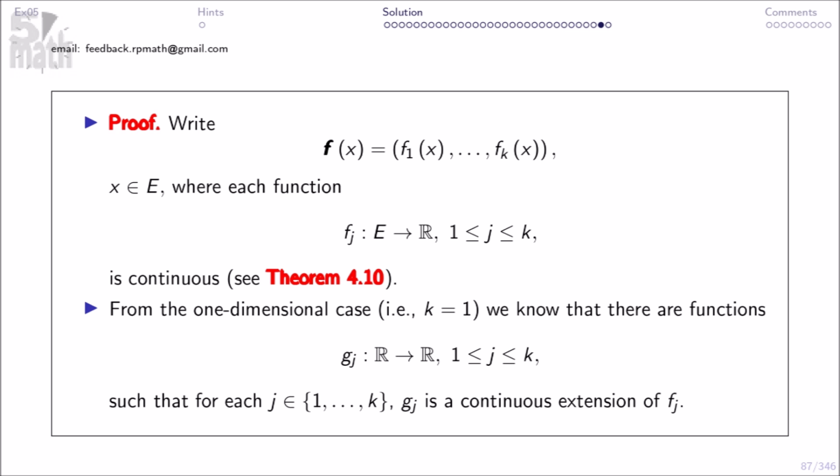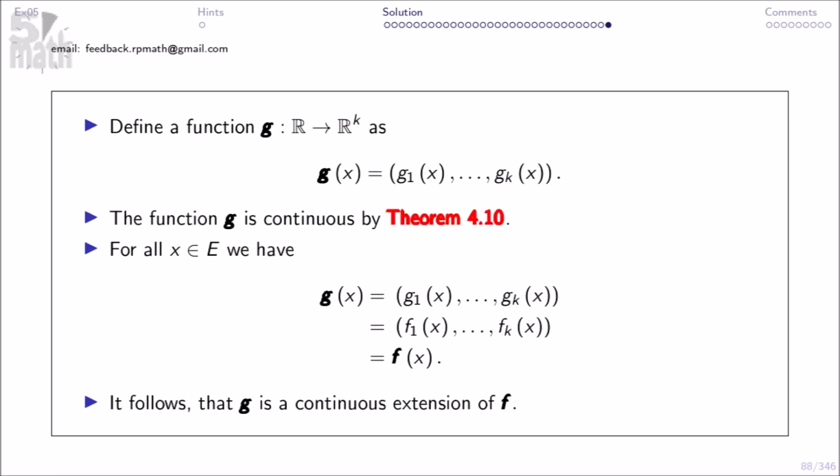See Theorem 410. From the one-dimensional case, that is k equals 1, we know that there are functions gj here such that for each j element of 1 to k, gj is a continuous extension of fj.